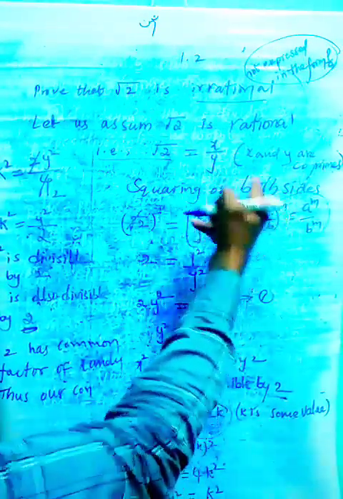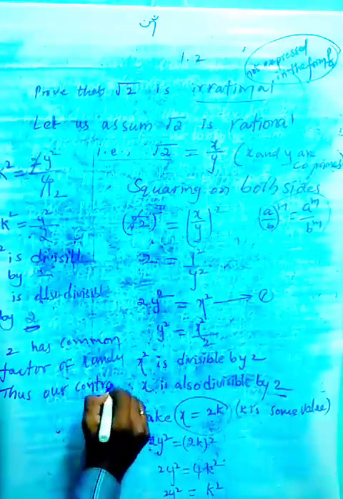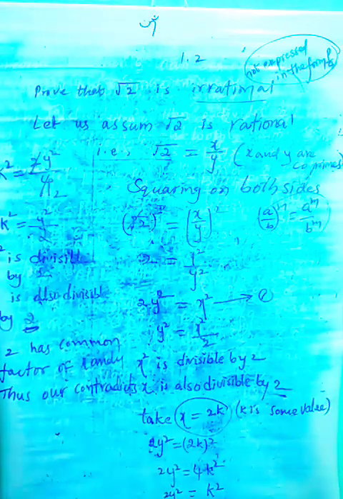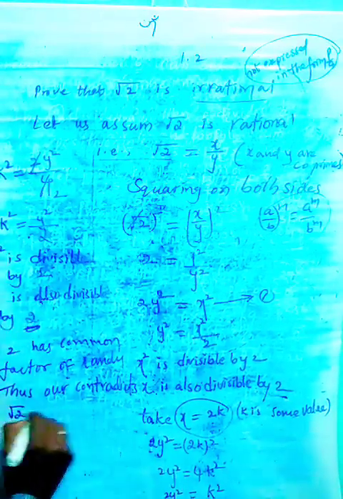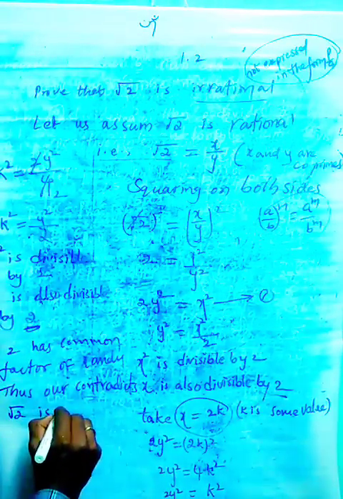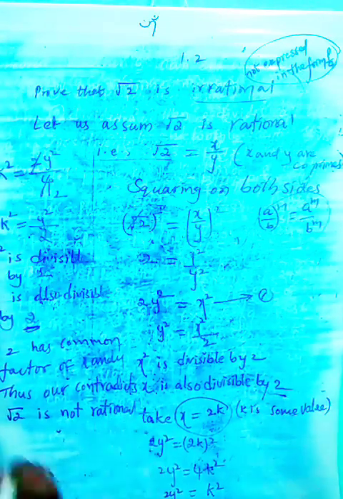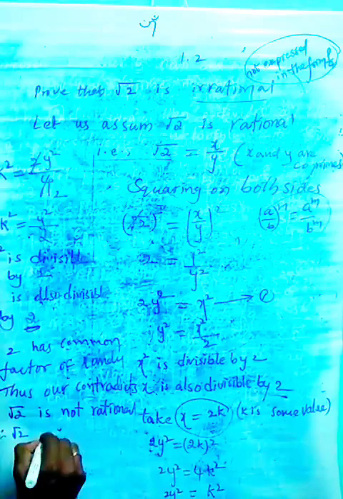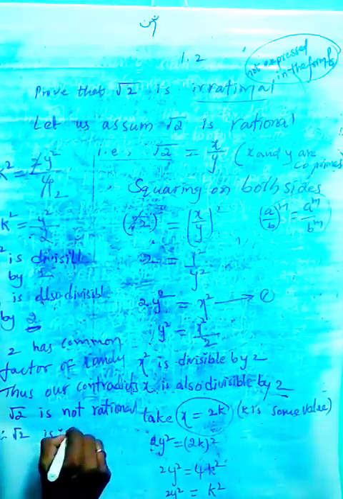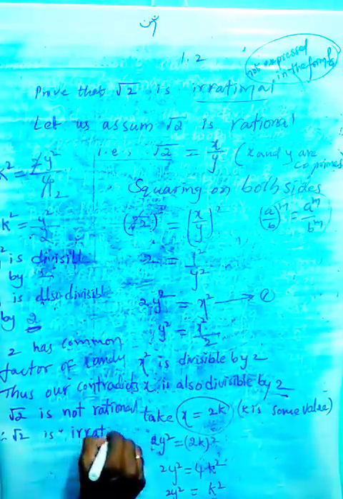When the common factor is 1, it becomes a rational number. So I am taking a contradiction. This contradicts our assumption, so we conclude that root 2 is irrational.